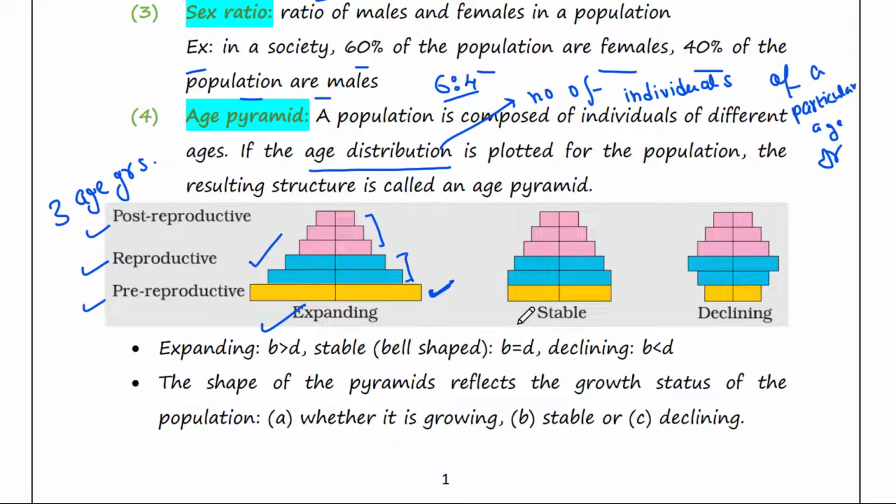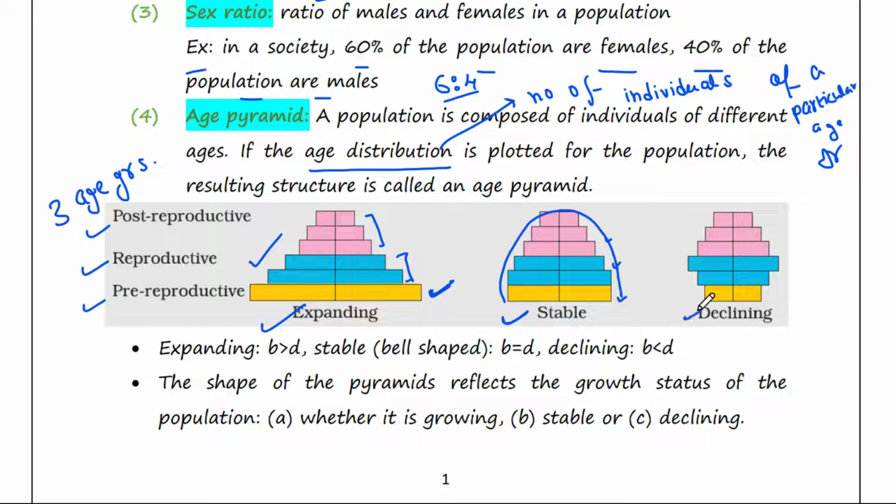Okay. Now, in a stable pyramid, there is almost equal distribution of people across all age groups, right? Hence, the shape of the pyramid is like this. It is like a bell-shaped pyramid.